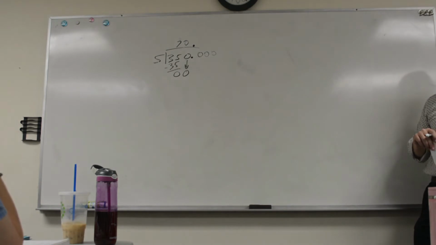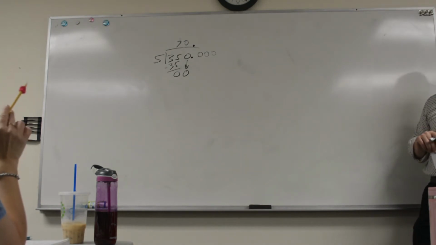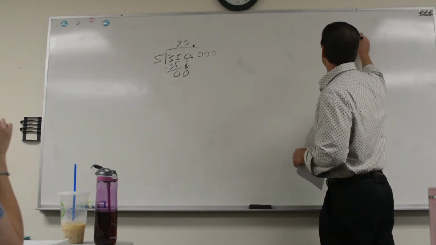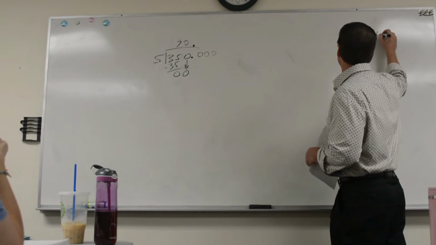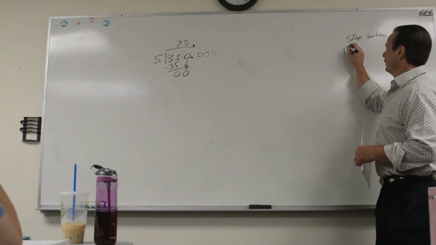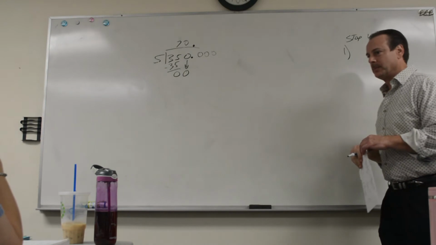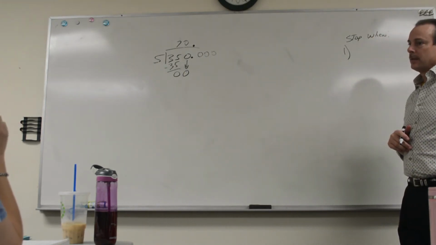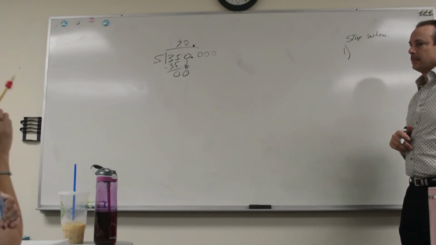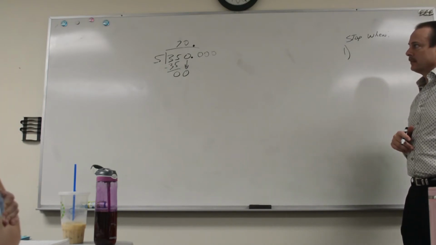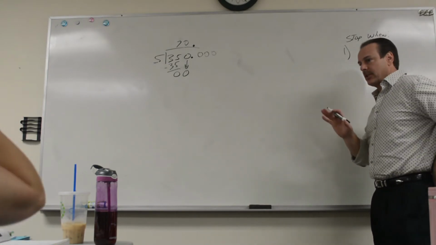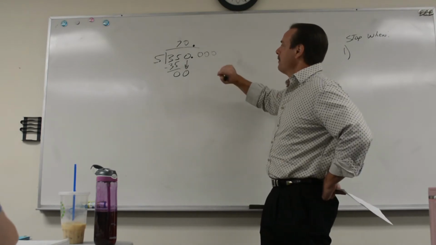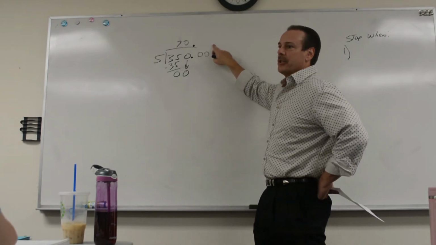A student suggests that after the decimal point, if that digit is a 5, 6, 7, 8, or 9, you round up. That's rounding, something else we might do. I'm just saying, if this continued on, how do we know when to stop?